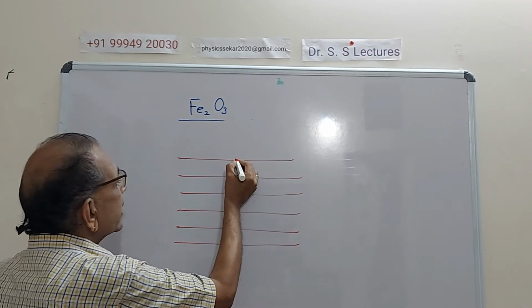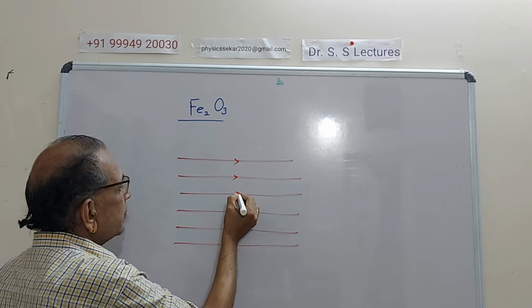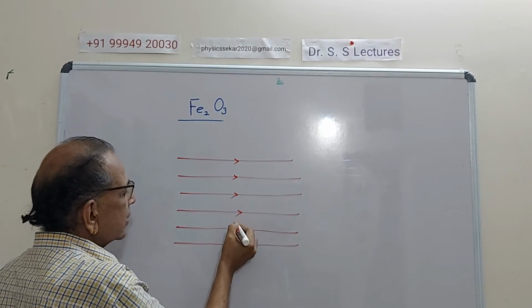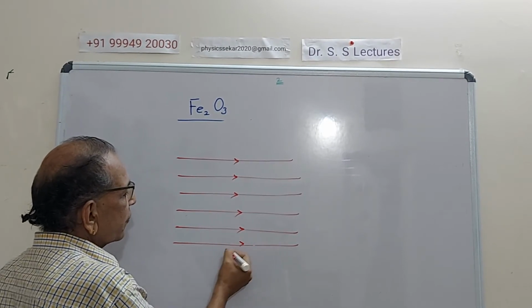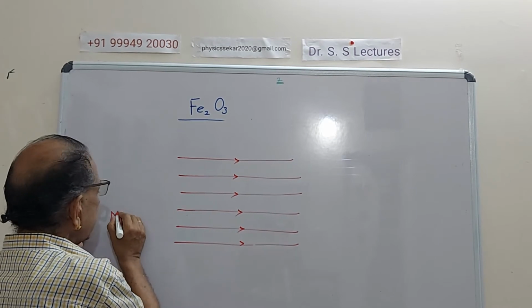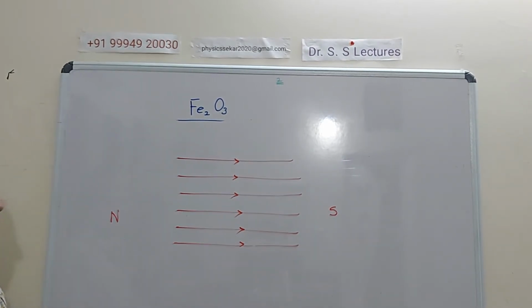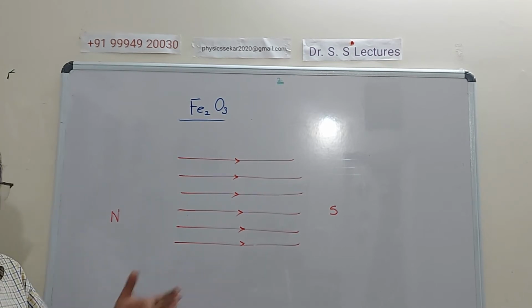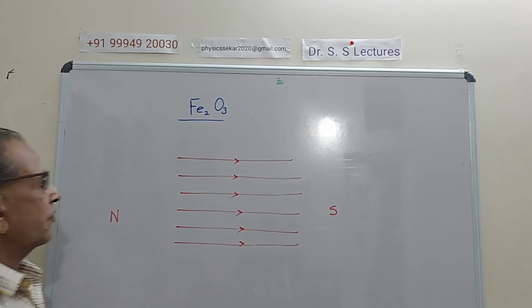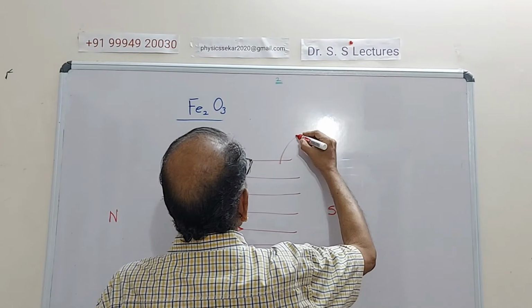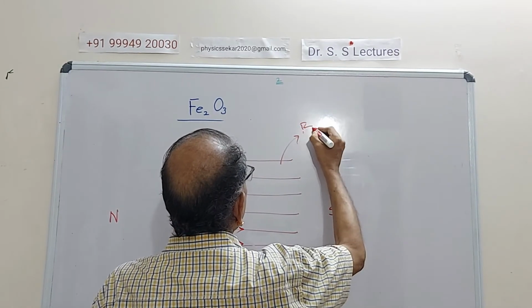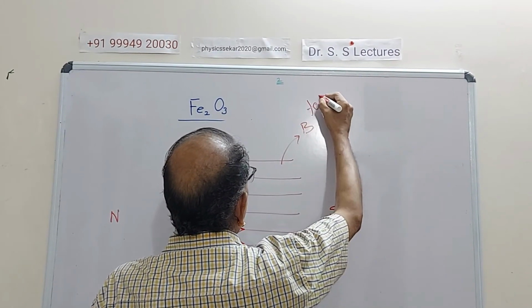I should have the directional property. That means the field lines are moving from the northern side to southern side. This is the basic aspect. This is the magnetic field. This magnetic field has got a strength, field strength, I told you, B Tesla.